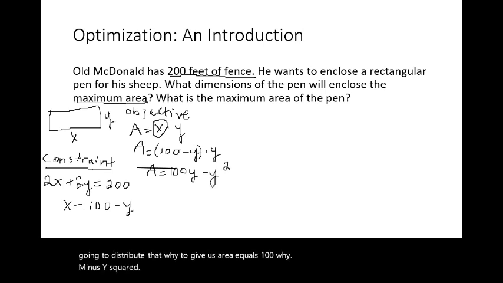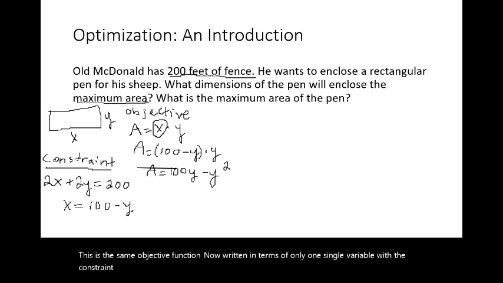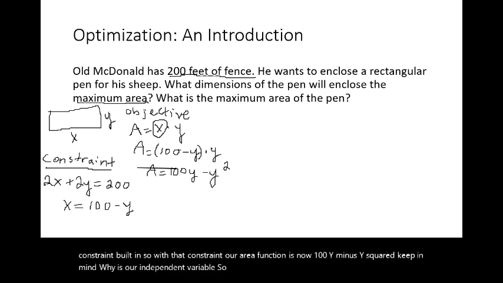This is the same objective function now written in terms of only one single variable with the constraint built in. So with that constraint, our area function is now 100y minus y squared. Keep in mind, y is our independent variable, so we are going to be taking the derivative with respect to y.